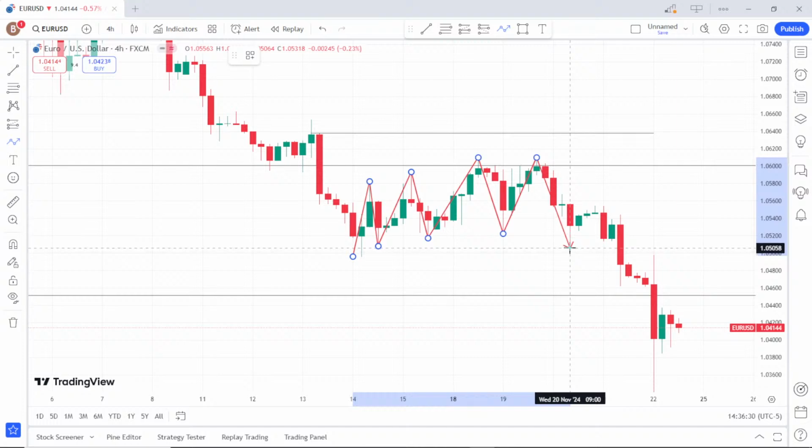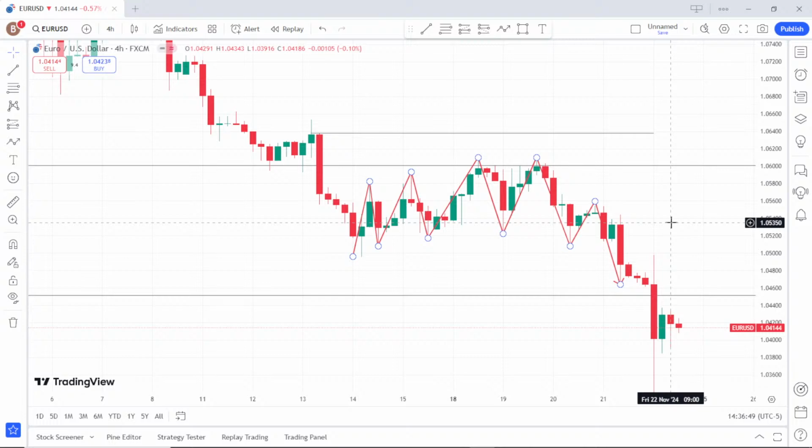Immediately a reversal of that expansion leg, what do I expect? I expect from there a retracement, then more expansions going down. And that was what they did.